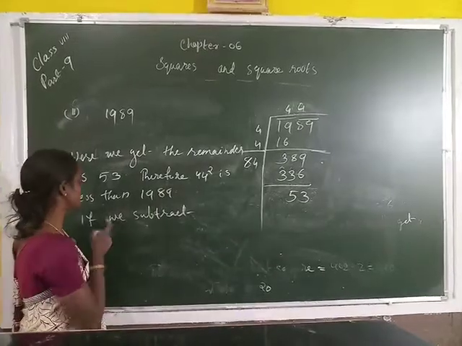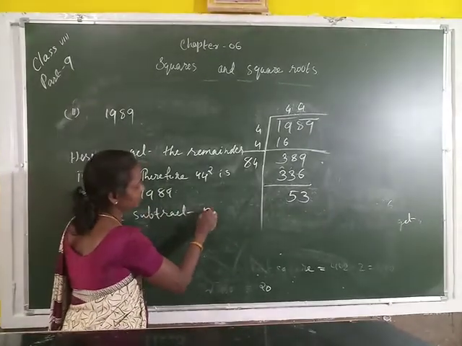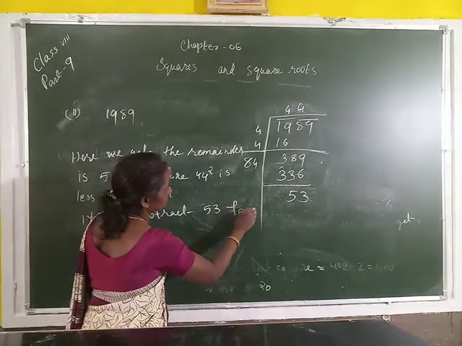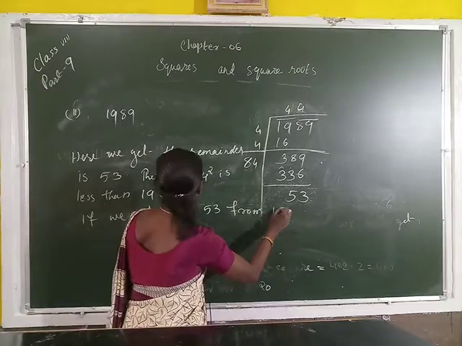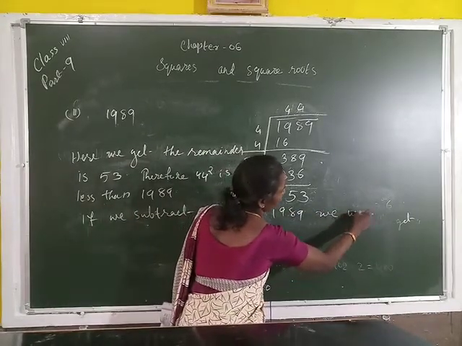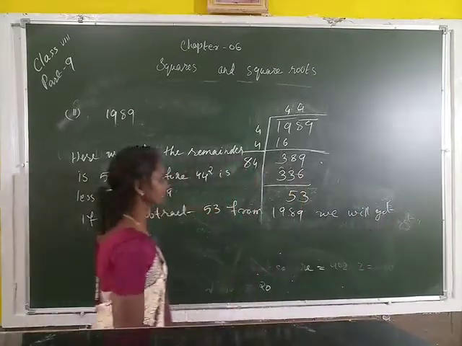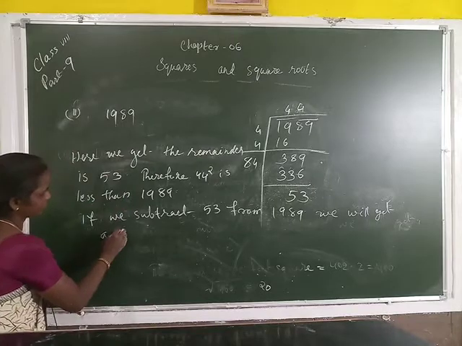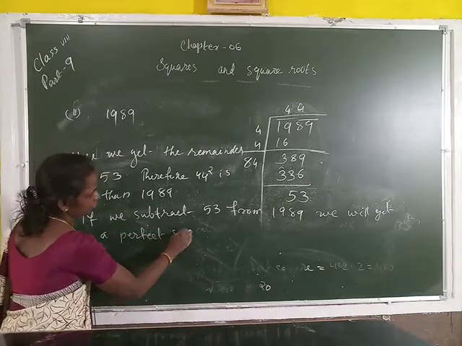If we subtract 53 from 1989, we will get a perfect square.